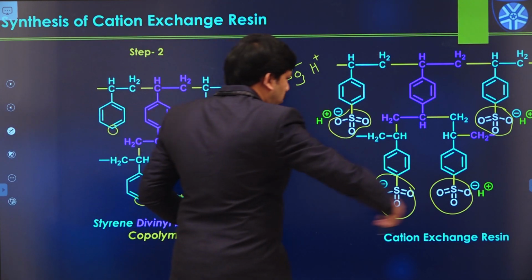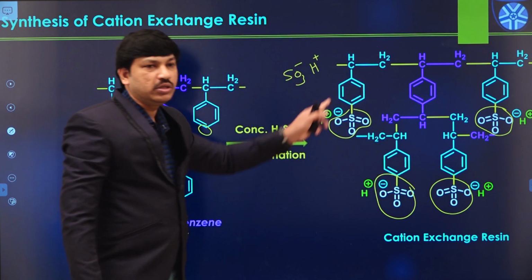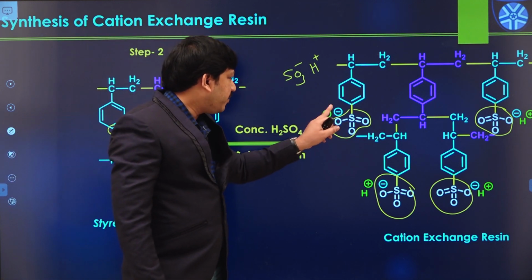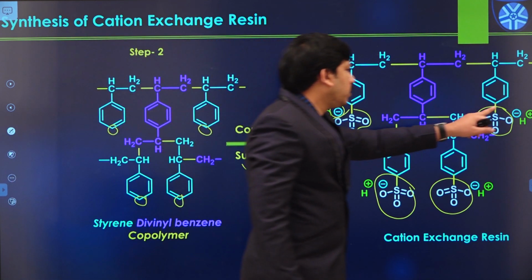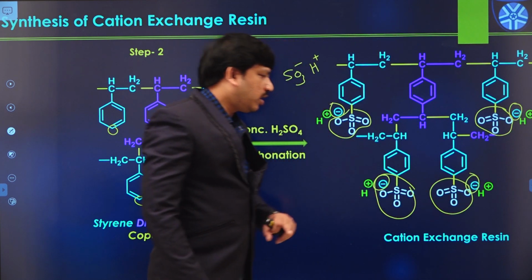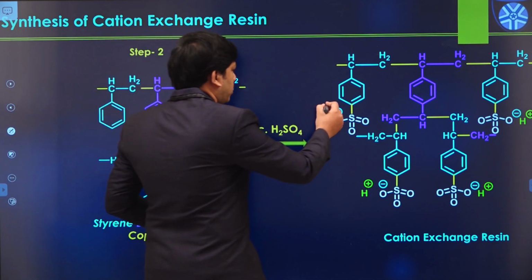If you see this resin molecule, it is an organic compound, an organic polymer, and this polymer has negative charge like this.